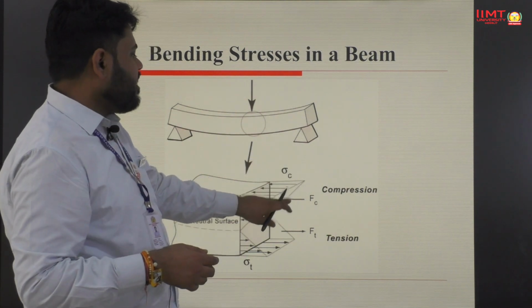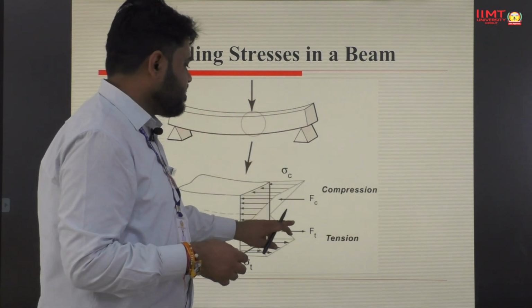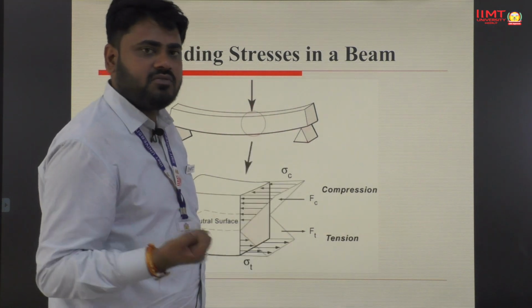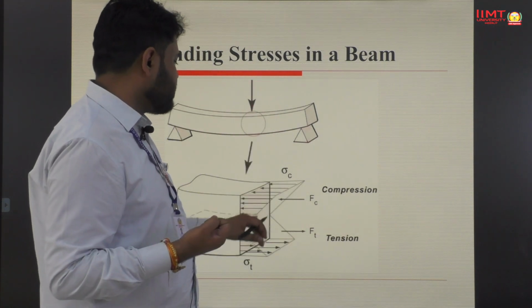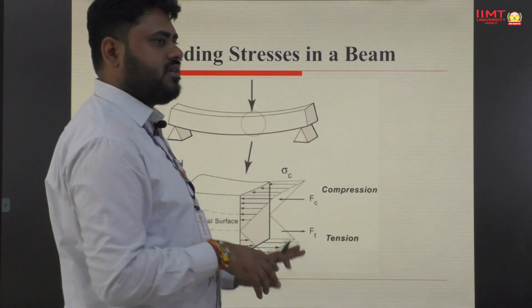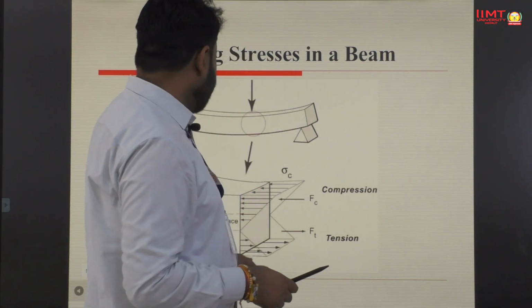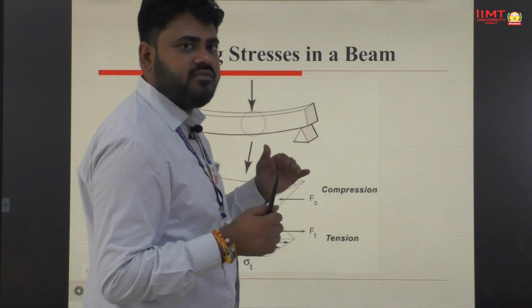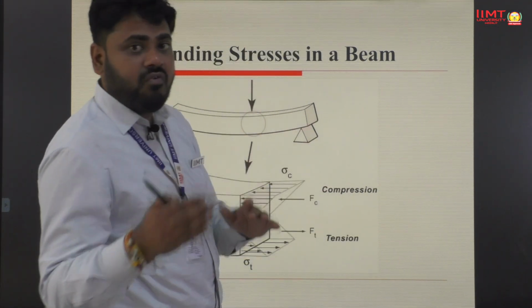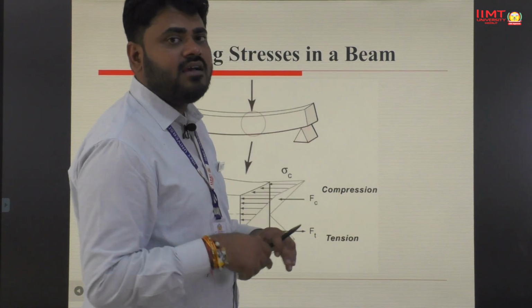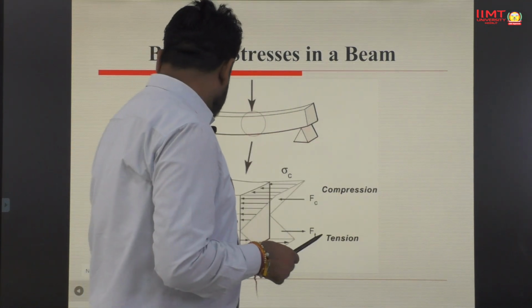So when we count the compression, we write Fc, and when we consider tension, when the structure feels tension, we consider Ft, and sigma T is the stress. This is the force for the compression side, force for the tension side, and sigma T represents the simple stress.